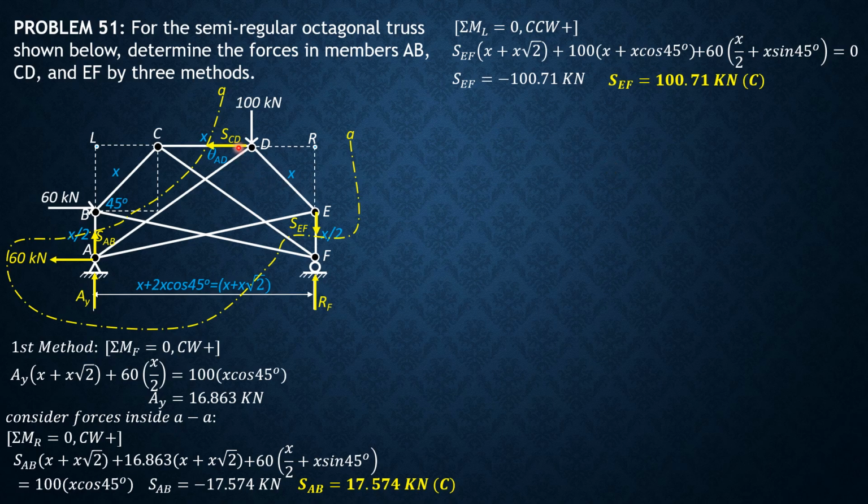Now finally for SCD, the best way is to sum up horizontal forces. There are only two forces involved, SCD and 60. So negative SCD minus 60 equals 0, summation of forces in X. Obviously SCD is negative 60, or 60 kilonewtons compression. So those are the forces in those members.